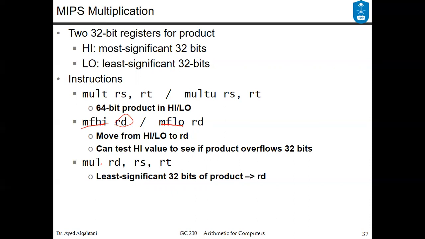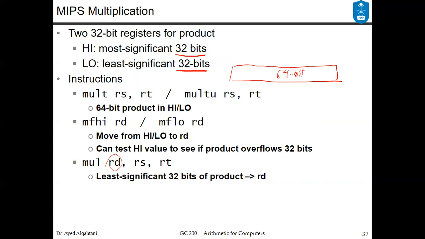There is also an instruction called mul, RD, RS, and RT. The least significant 32 bits of the product only are going to be in RD. So you'll generate only the least significant 32 bits. Because remember, if you have a 32-bit operand and you multiply it by another 32-bit operand, the result would be 64 bits.